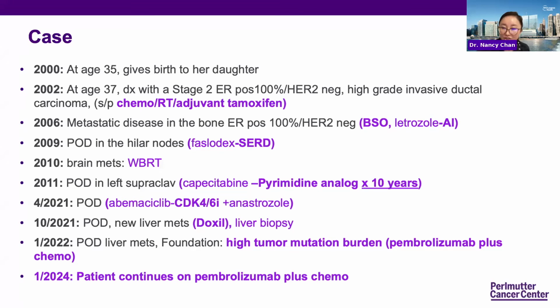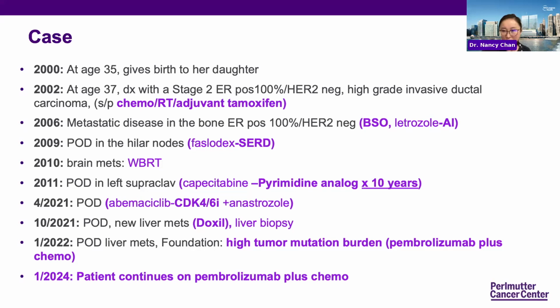She just saw her daughter graduate college this past summer. And so each one of these agents was developed through clinical trial. And so when she did enroll on a clinical trial, it was early access to get the benefit of a potential life extending agent.